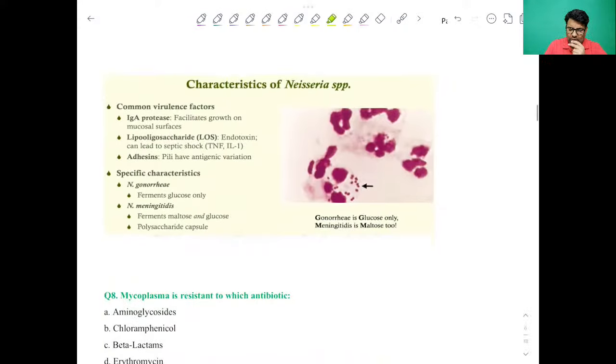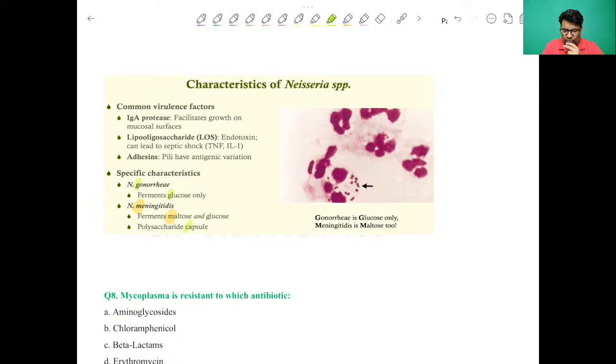Right? So if we go here, we can see that Neisseria gonorrhea, you can remember G for G, and for meningitidis, you can remember M as well. So M here, and as Yash rightly said, Neisseria meningitidis also have a capsule.